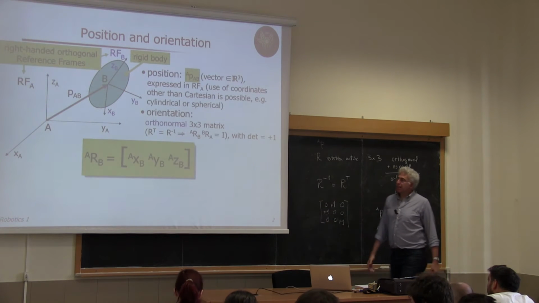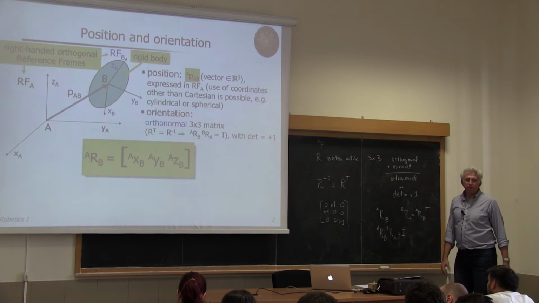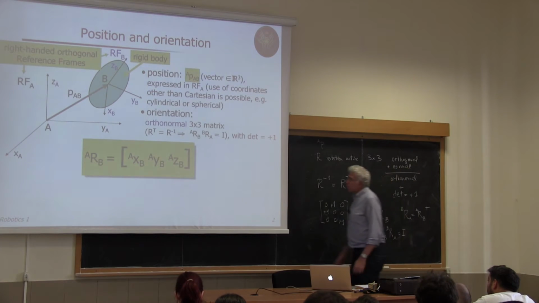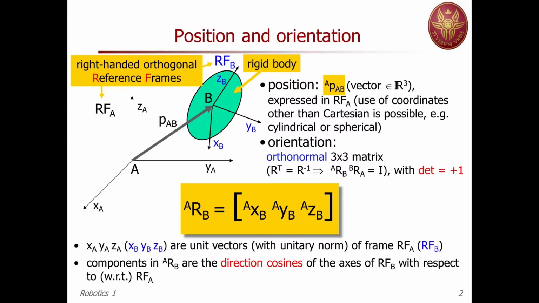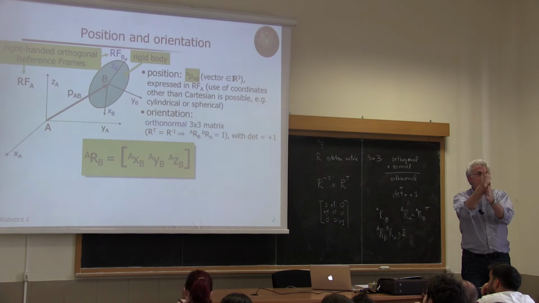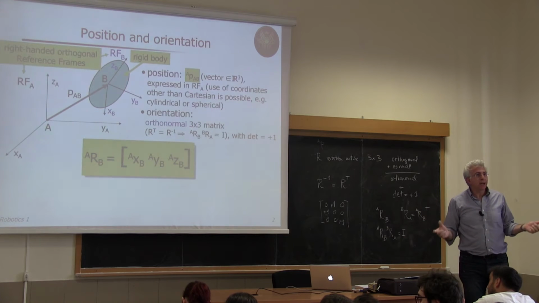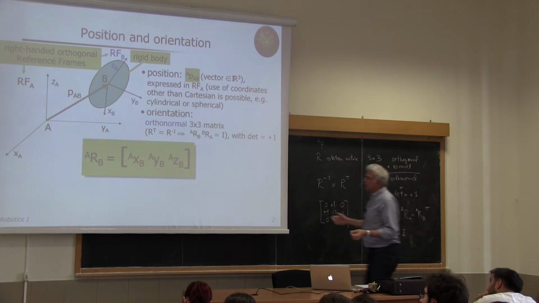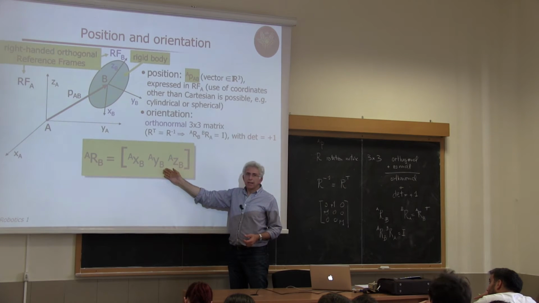So, what is this generic matrix made of? It's made of the representation in frame A of the three unit vectors which characterize the three axes of frame B. So we have xb, a unit vector in the direction of B. When we represent it in frame A, we have to project this vector on the three axes and take the three numbers. Okay? And same for this, and same for that.